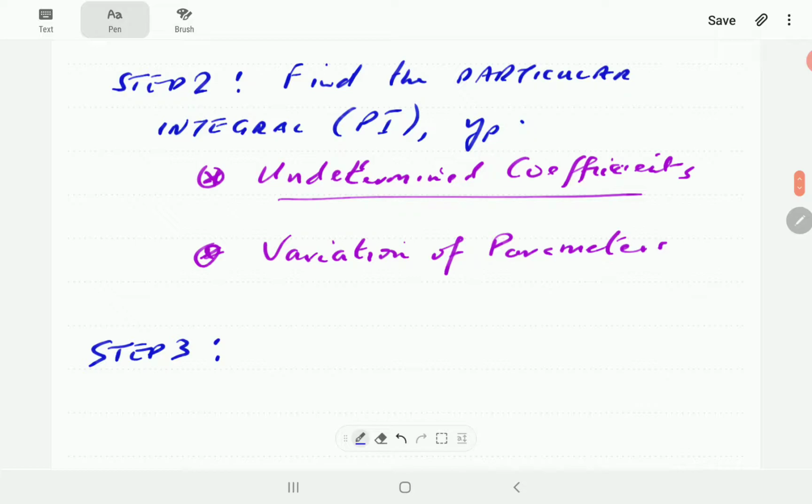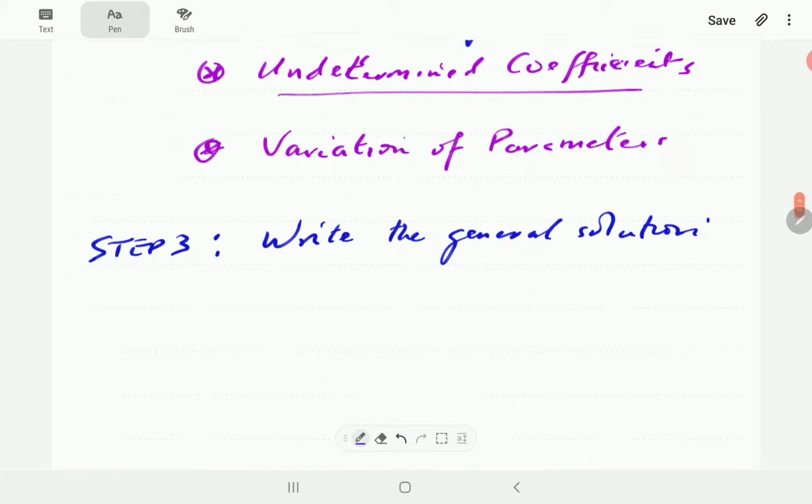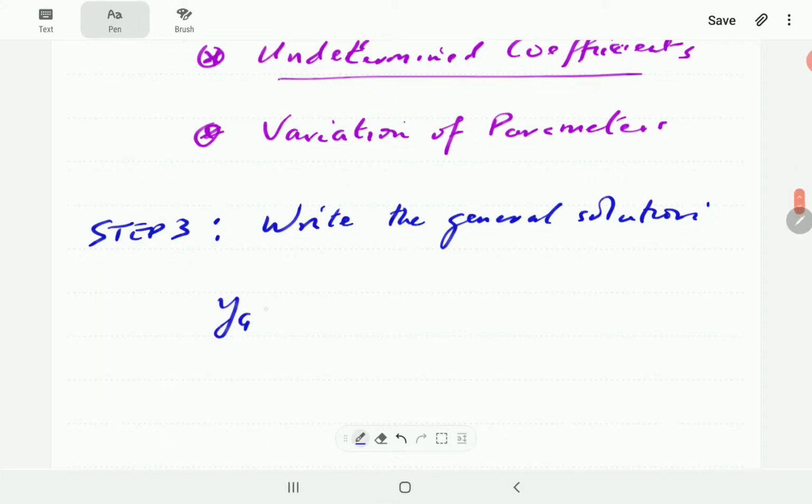Then there is going to be step number 3. In step number 3, we write the general solution of equation number 1, which we are going to denote yG. The general solution is going to be simply the sum of the complementary solution plus the particular integral.